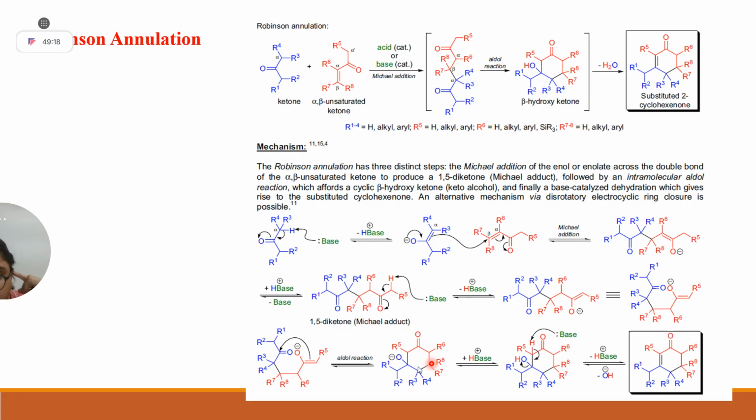So a 6-member ring will form like this, and at last the OH is there, the base will abstract a proton and remove this, and you will get this alpha beta unsaturated system. Is the mechanism clear, students? Yes, ma'am. Okay.